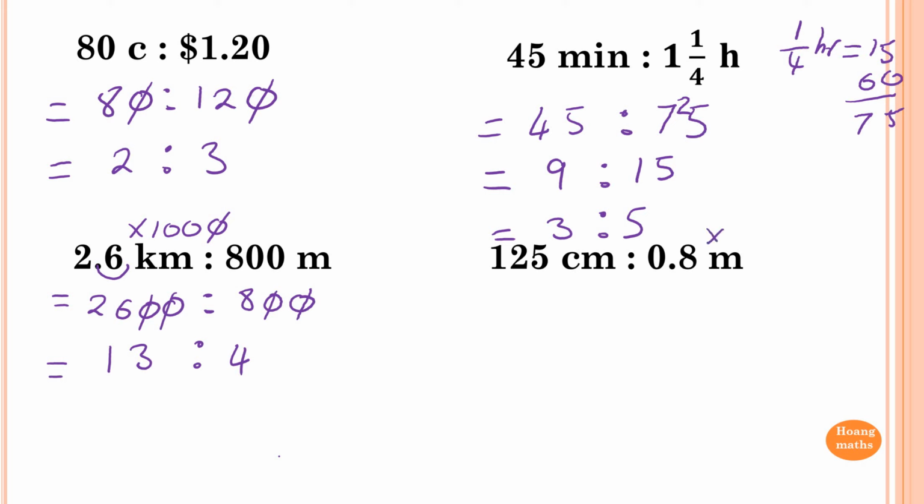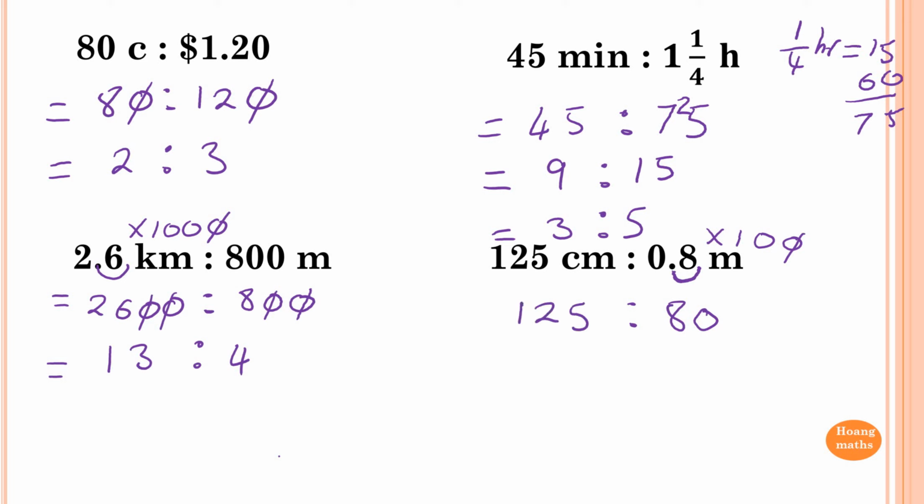So I multiply this by 100, which will give me centimeters. I move the decimal point one place to the right, so 8 times 10, which is 80. There you go. All right, 80. And this is 125.